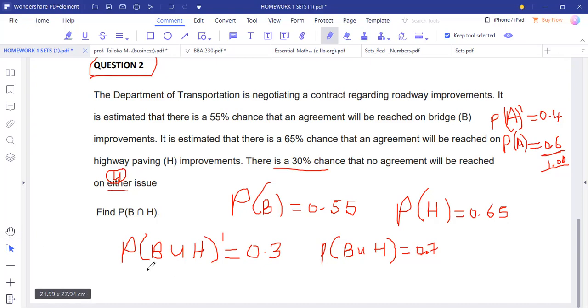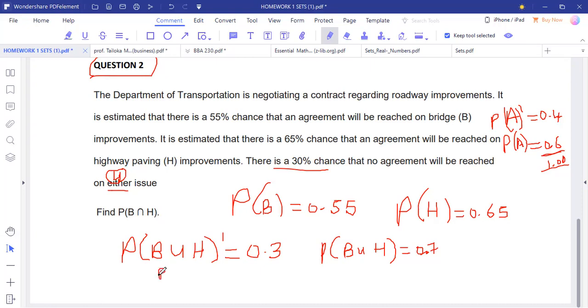Now, when they ask you to find the probability of B intersection H, that is what they're looking at now. There is a formula we use here.